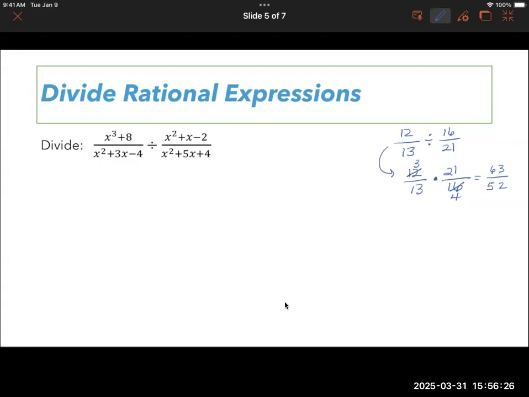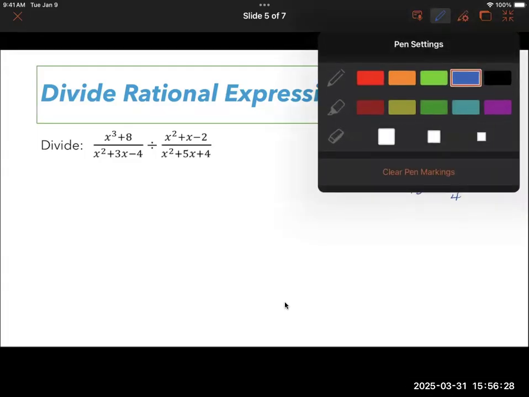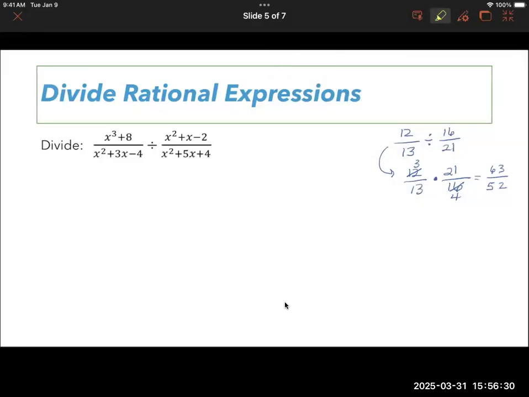Now notice here, in our first numerator, actually, let me back up a step. I'm going to go ahead and flip first. So we're going to make this x cubed plus 8 over x squared plus 3x minus 4. And then we're going to change this to multiplying by x squared plus 5x plus 4 over x squared plus x minus 2.